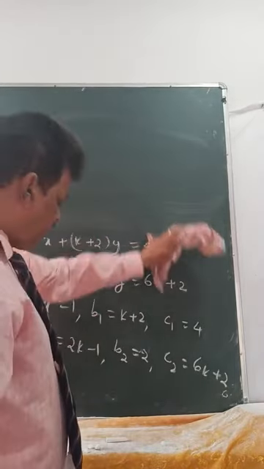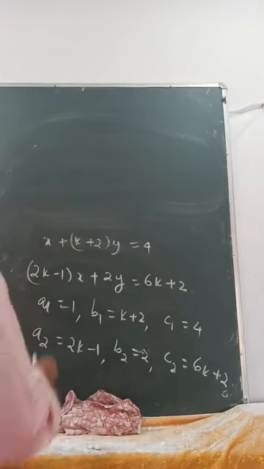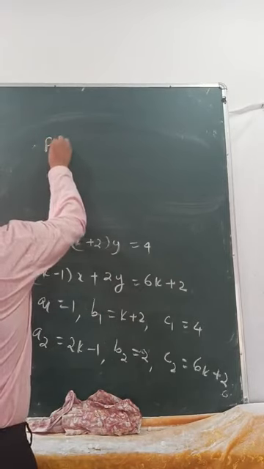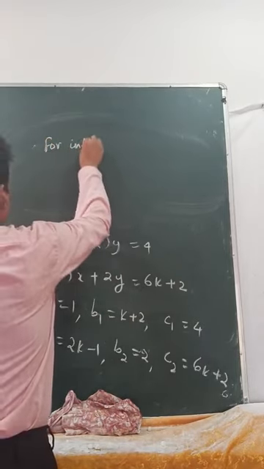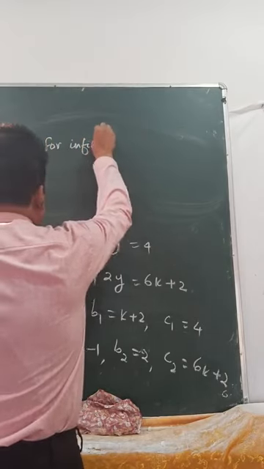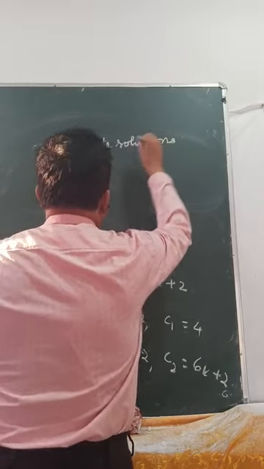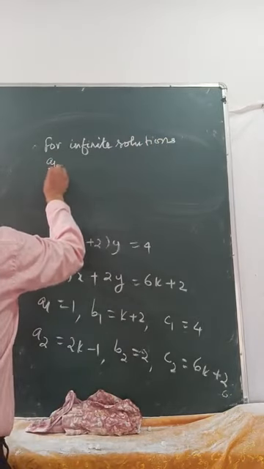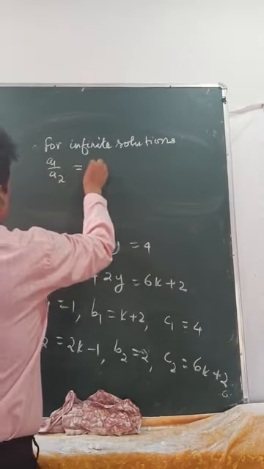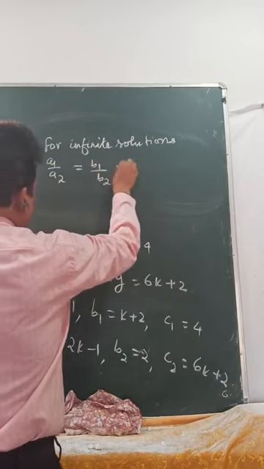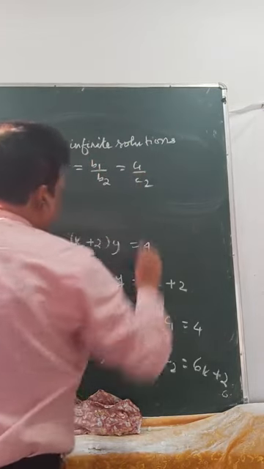Write down the formula for infinite solutions: A1 by A2 equals B1 by B2 equals C1 by C2.